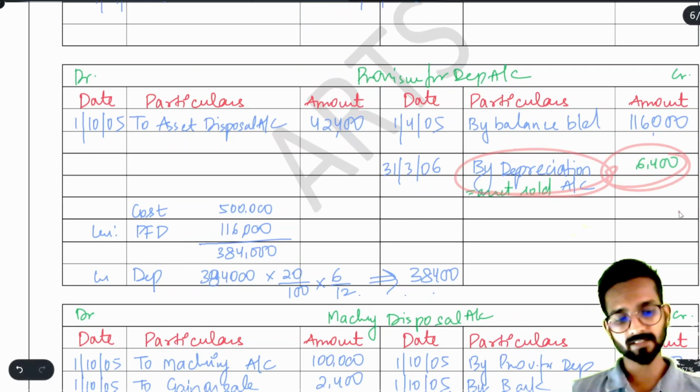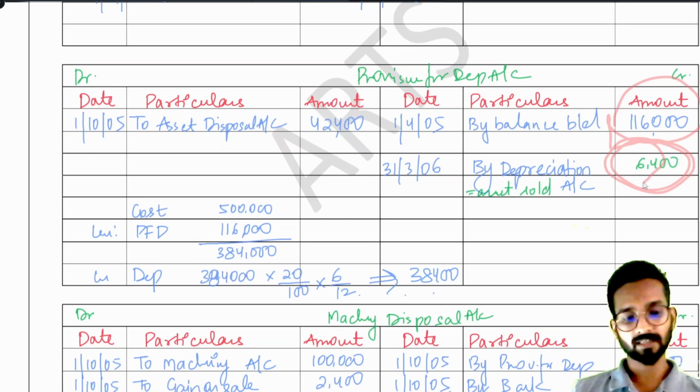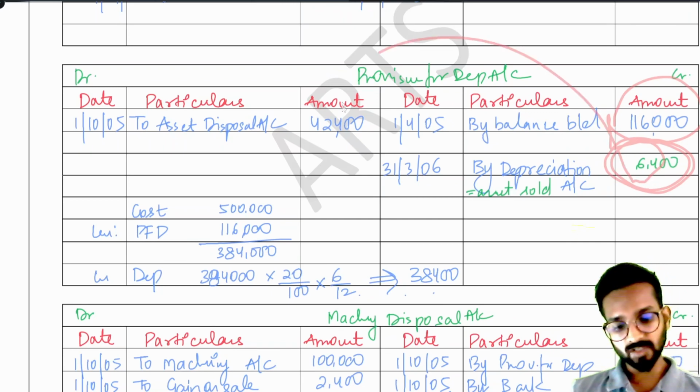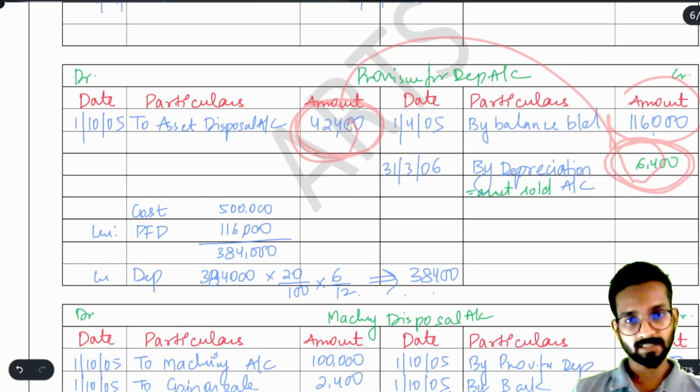So understand like this, that the provision for depreciation had a balance of 1,16,000 totally. Then the current year depreciation only for that asset which we are selling, that we added and we transferred into the asset disposal account. Only that portion which we are selling. Okay. The current year's depreciation for the unsold asset we are still supposed to write here. We will write here.